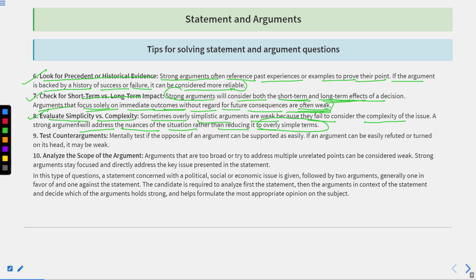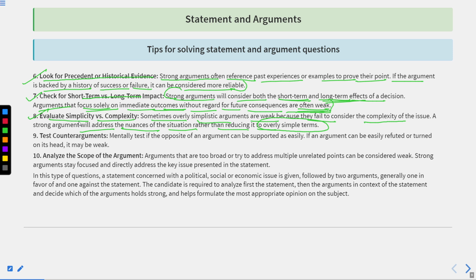My dear students, statement and argument questions are such that the more questions you solve, the more practice you do, the more benefit you will get out of that practice, and the more favorable will be the outcome in your competitive examination whenever you are dealing with logical reasoning, specifically statement and argument.